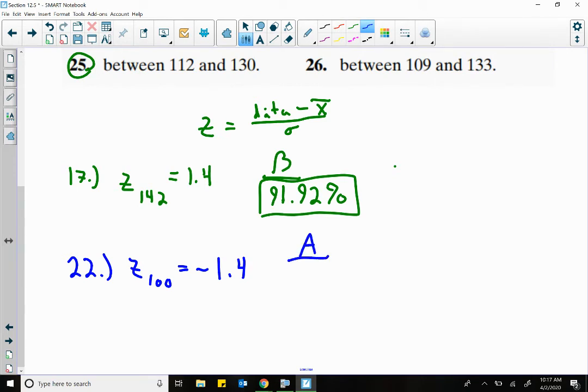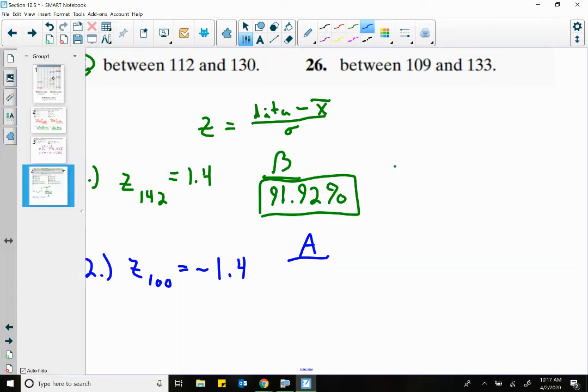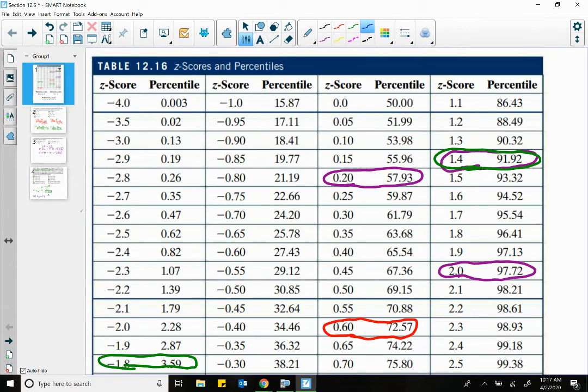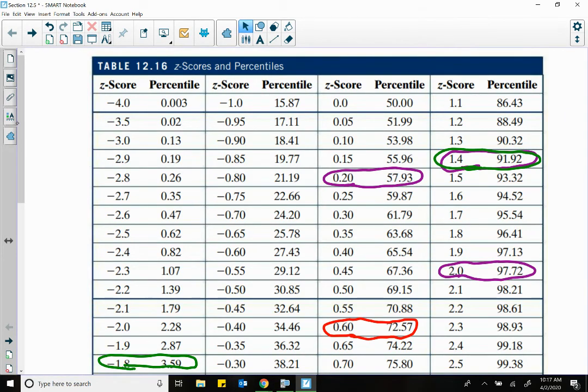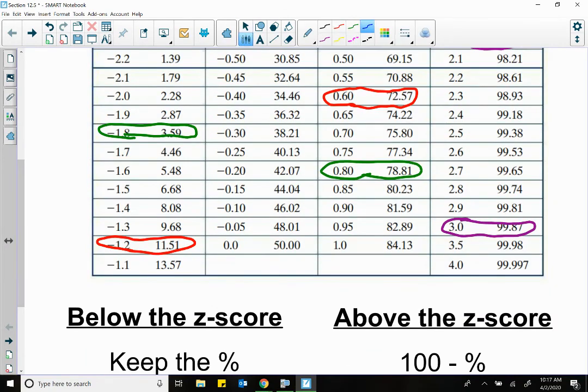So we want to be above. So we're going to go find negative 1.4, and then we'll take that percentage and take 100 minus that. Okay? So negative 1.4, going to have to scroll down. Here's negative 1.4.